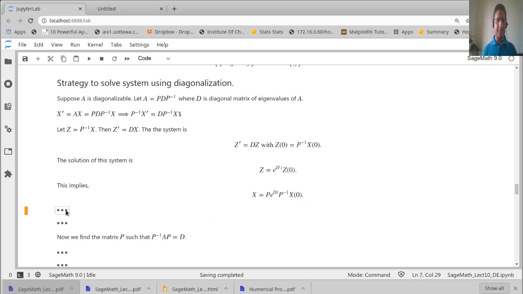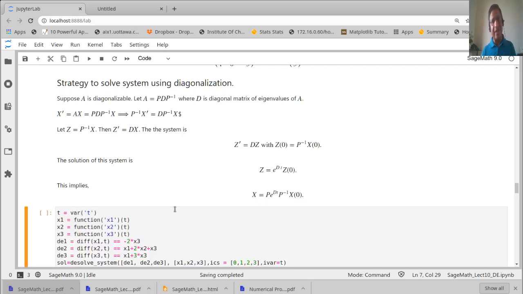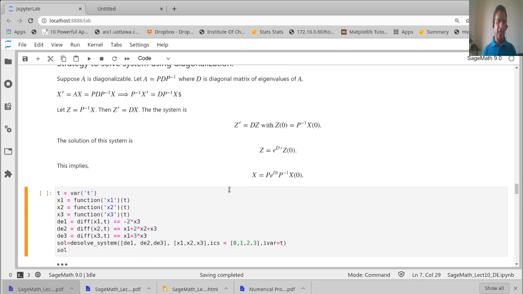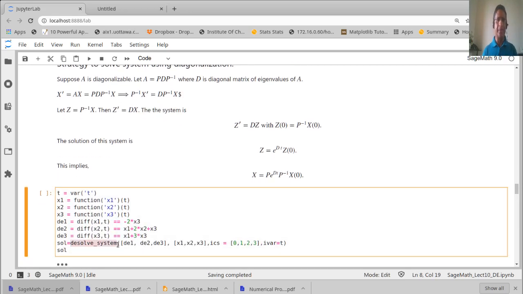So let us execute. First let us find the solution of this system using the inbuilt function desolve_system. We declare t as a variable, x1, x2, x3 as functions of t, declare the first equation, second equation, third equation, right?